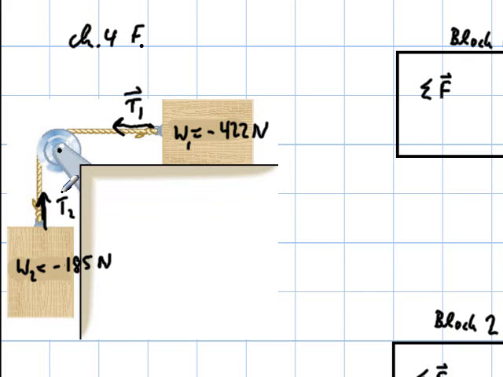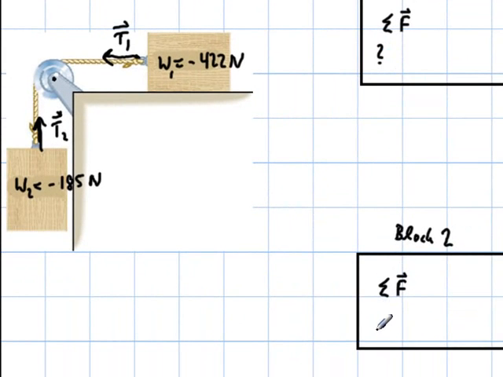That's why I'm going to put vector arrows on these, because this one is vertically upward, this one here is horizontally to the left. So we're supposed to figure out what the tension is, so I'm going to make a question mark for block 1, and a question mark for block 2.